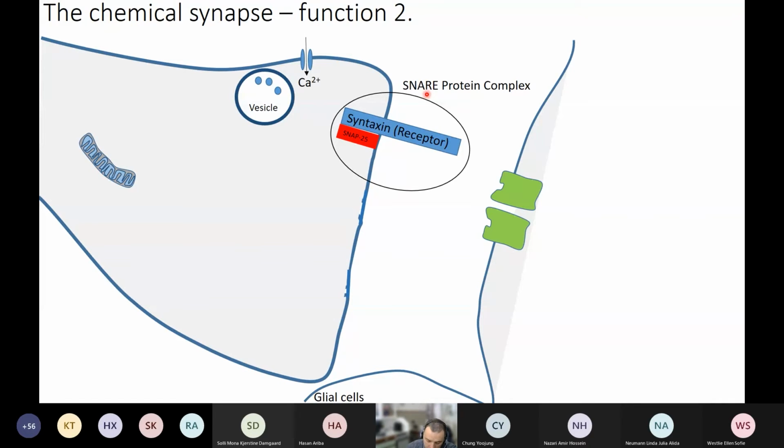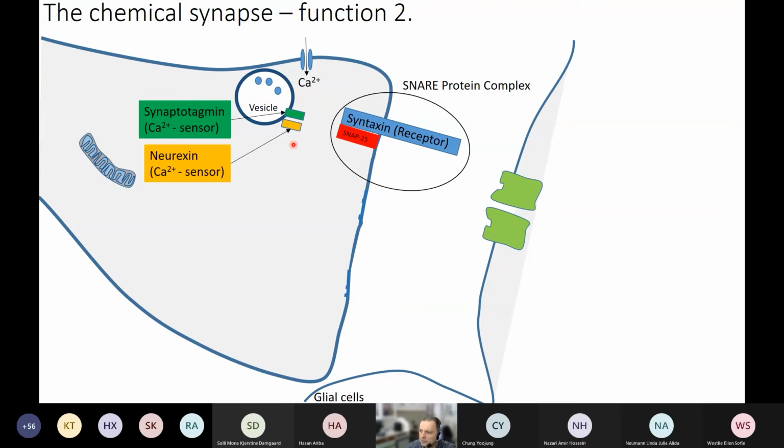This is located in the presynaptic membrane density. And also, the vesicle, which contains the neurotransmitters, has proteins in its membrane, and they are sensitive to calcium influx. And you have the so-called synaptotagmin, neurexin, which are calcium sensors. And there is another protein called synaptobrevin.